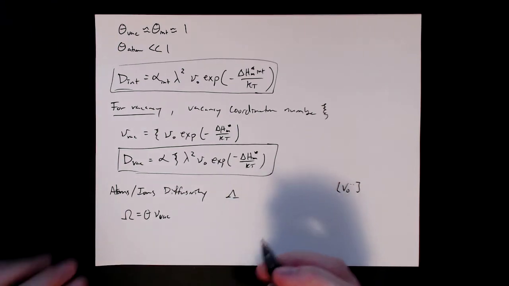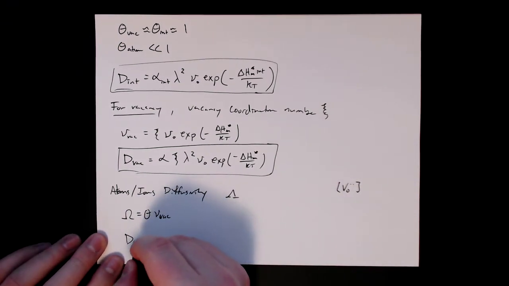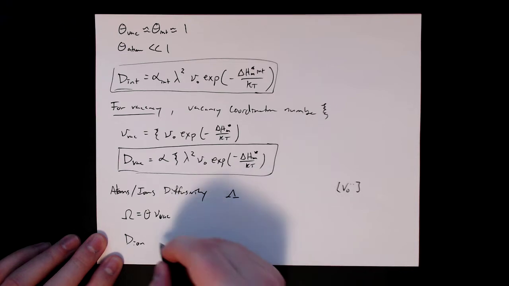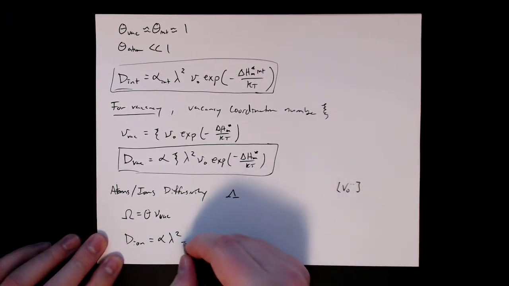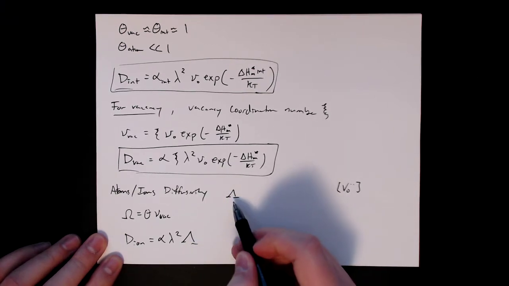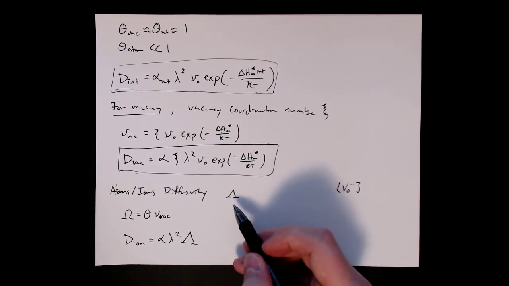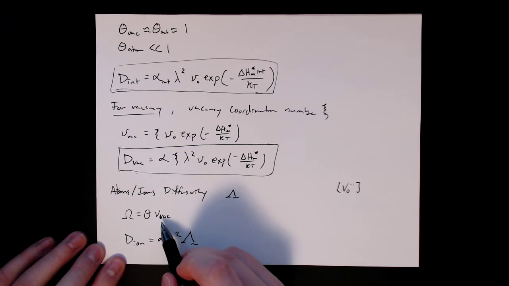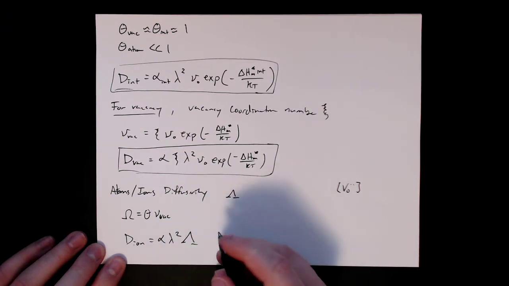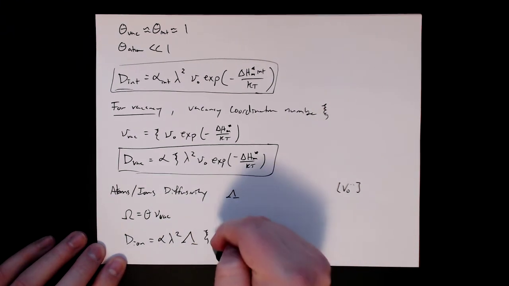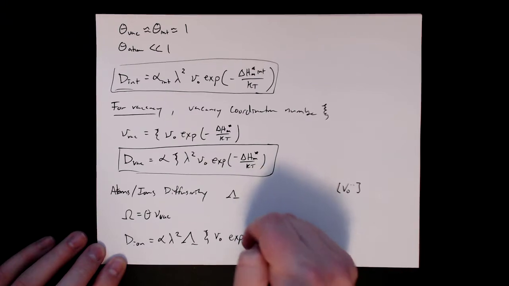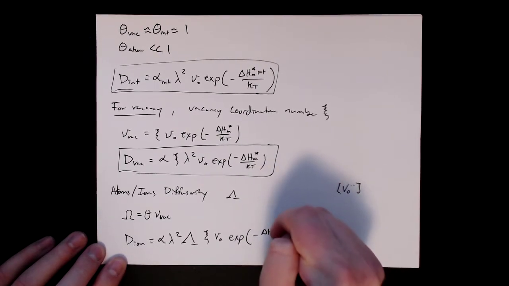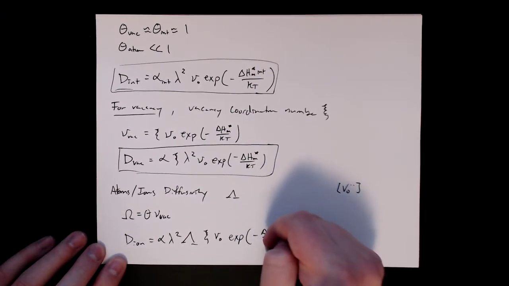And if we write out the diffusivity for an ion or atom, it's going to be alpha lambda squared, and then this site fraction of vacancies multiplied by this, right? And so we have that squiggle term again, nu naught exponential of this.